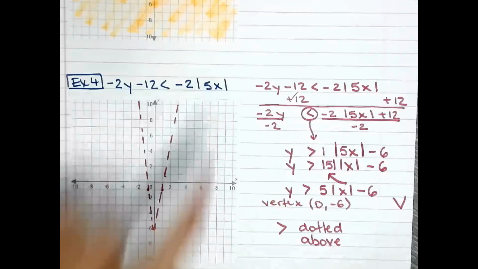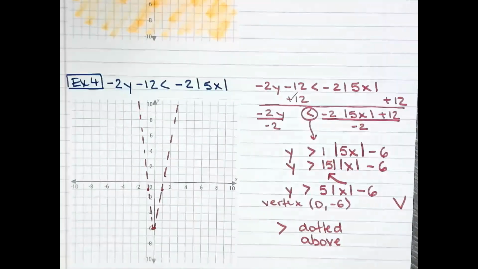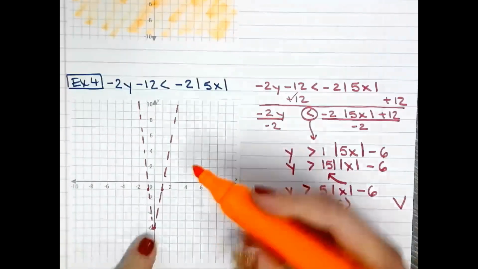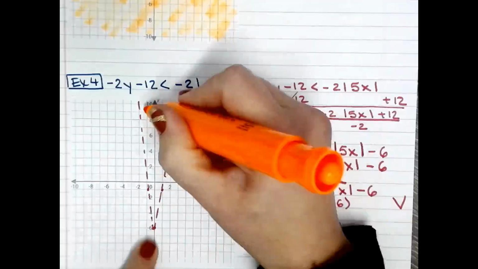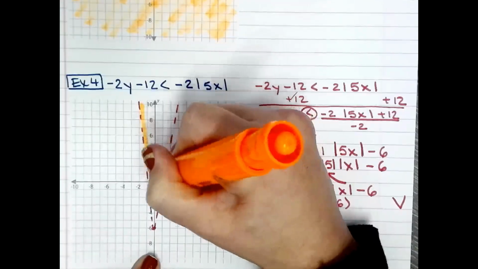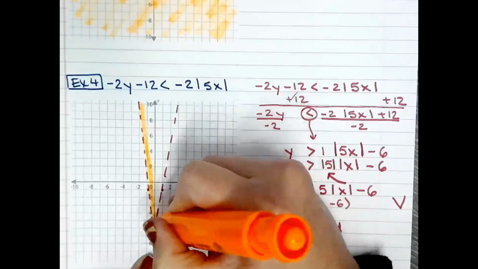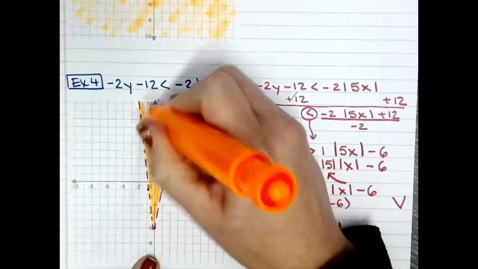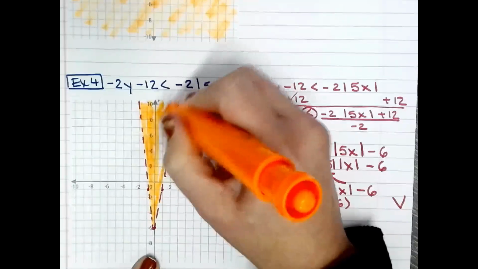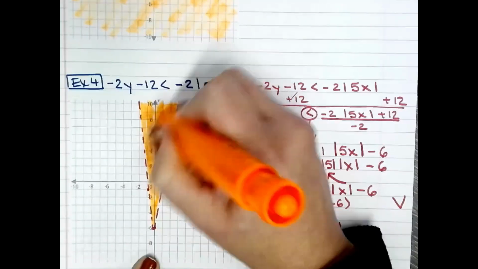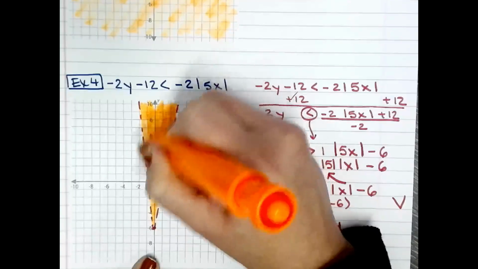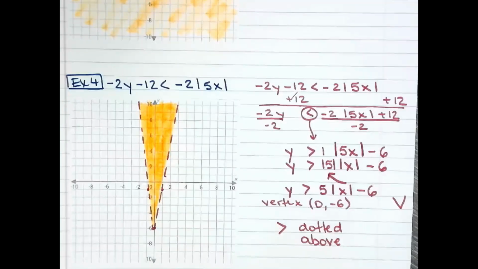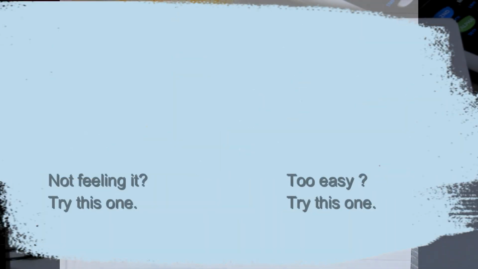If you're graphing absolute value, it has to look like the V. Okay? Above is right here. And that's where you shade. That looks pretty. The end.